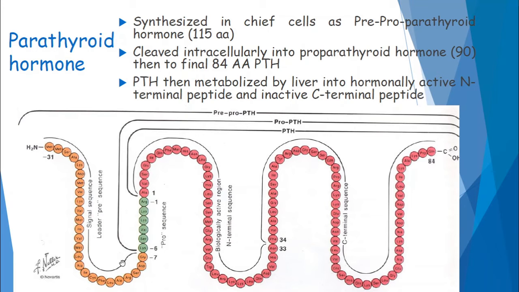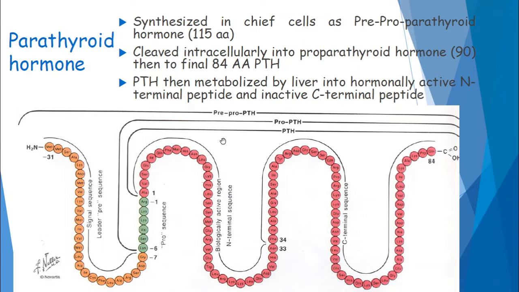So this is the structure of parathyroid hormone, which is synthesized in the chief cells as a pre-pro hormone. The pre-pro hormone has around 115 amino acids, and it is cleaved intracellularly into proparathyroid hormone, usually in the endoplasmic reticulum. You can see the signal sequence, or the leader pre-sequence, which is cut off.